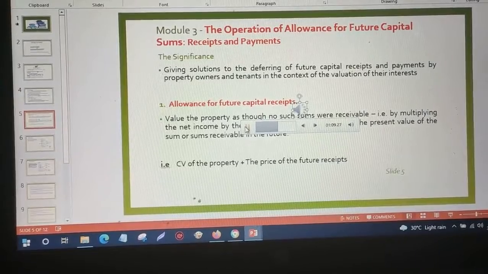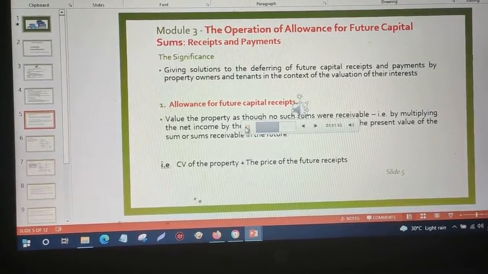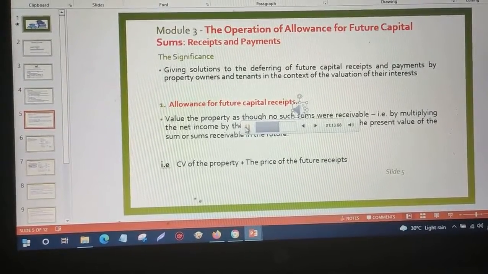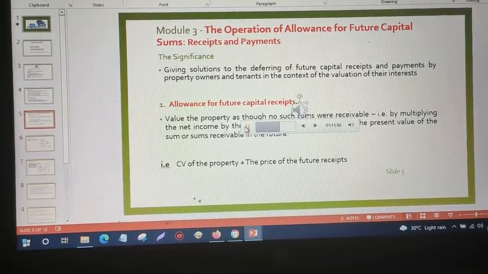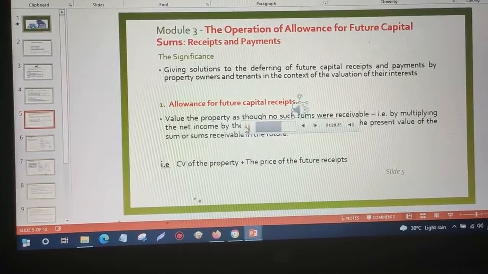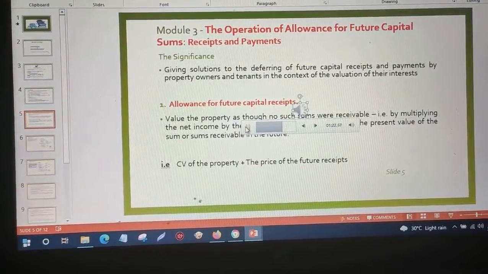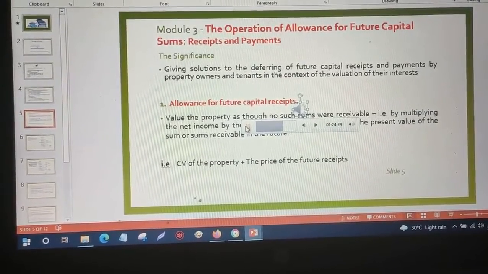In such cases, the usual practice is to value the property as though no sums were receivable. That is by multiplying the net income and the capital value, and the year's purchase. Then you add the present value of the sum receivable in the future.